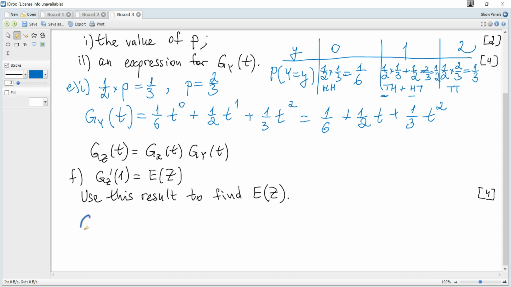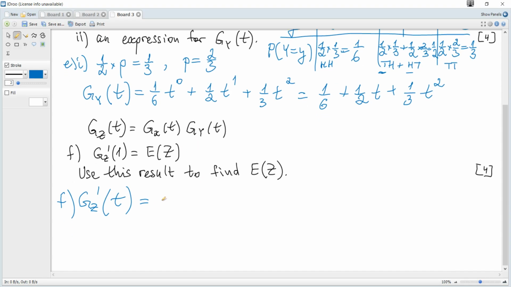So let's consider the derivative of gz. Since it's a product, we should use the product rule, so it becomes gx derivative of t times gy plus gx times the derivative of gy.